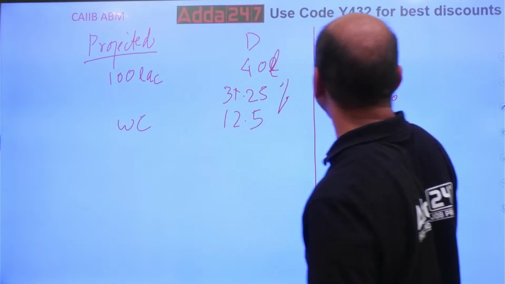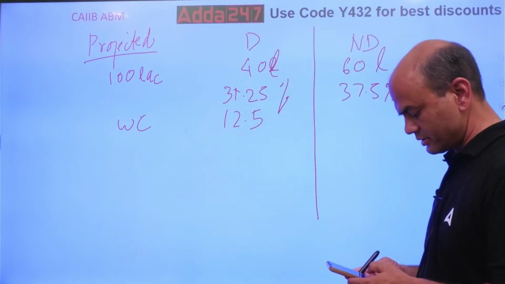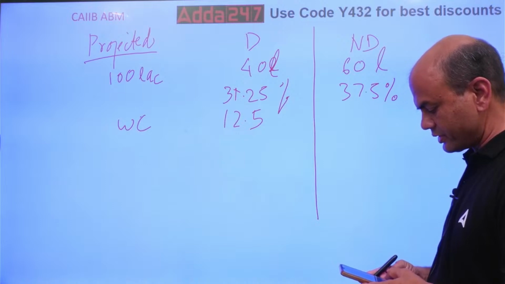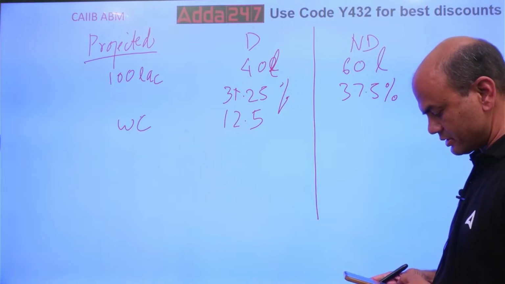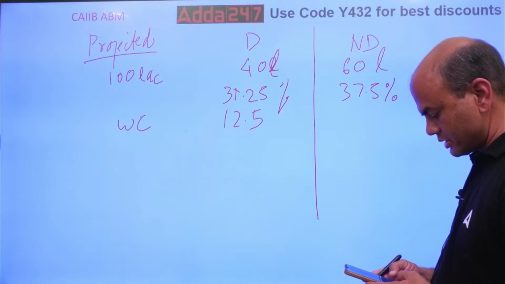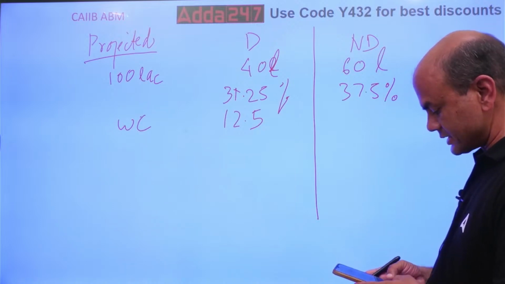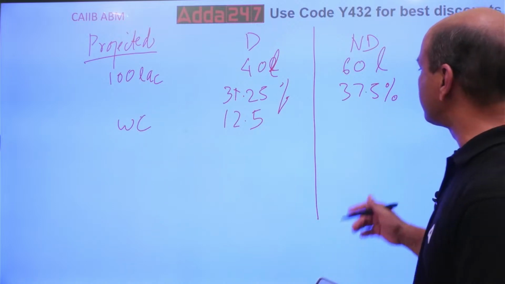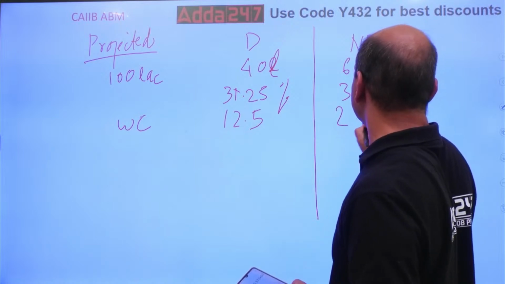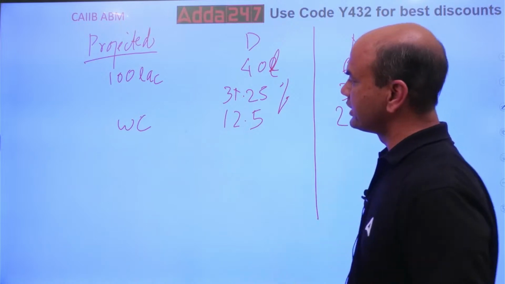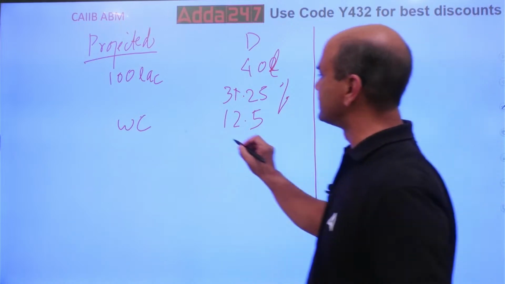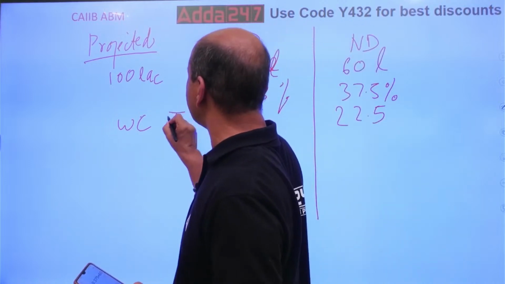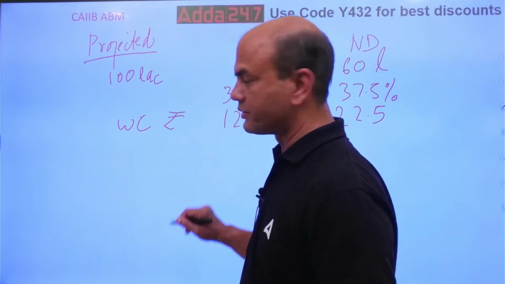And here 37.5% into 60 lakhs. So 22.5. Kindly note, this is in rupees. Now what do you do next? 10% of this.